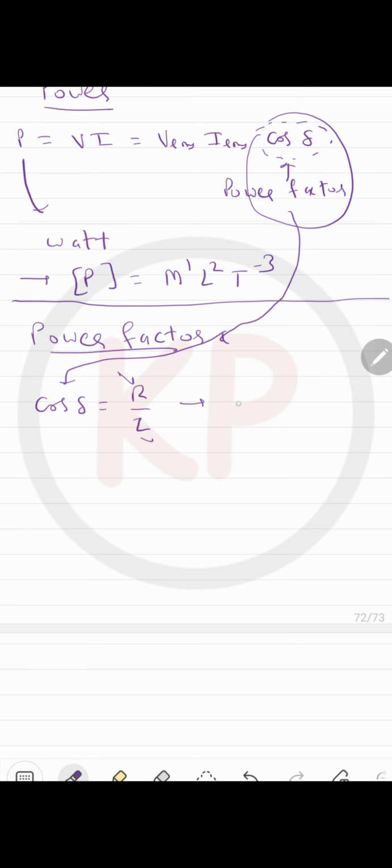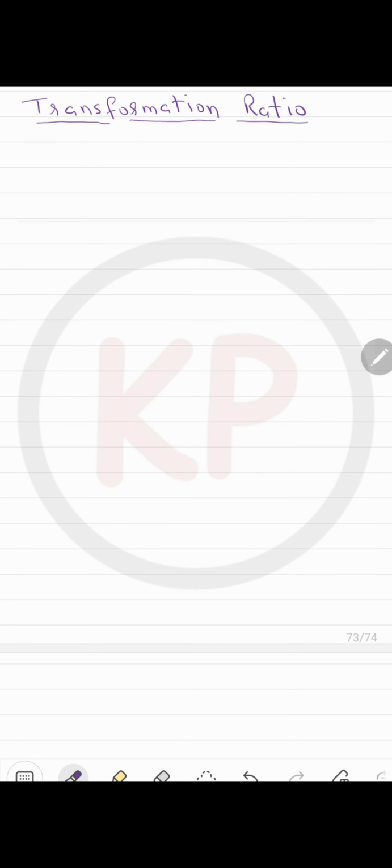So therefore it will be unitless, and also it is dimensionless. So power factor is unitless and dimensionless, whereas power is having a unit of watt and its dimensional formula is M1 L2 T minus 3. So power is not unitless and dimensionless, but power factor is unitless and dimensionless.